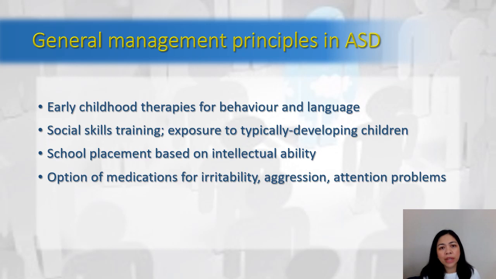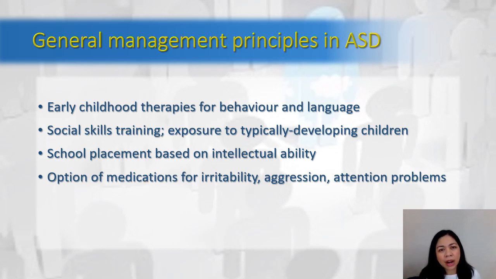What are the general management principles in ASD? We advocate for early childhood therapies for behavior and language, and this is often called early childhood intervention or early intervention, because we see that among kids who underwent therapy in the first few years of life, they do seem to have better prognosis compared to those who did not undergo early intervention.